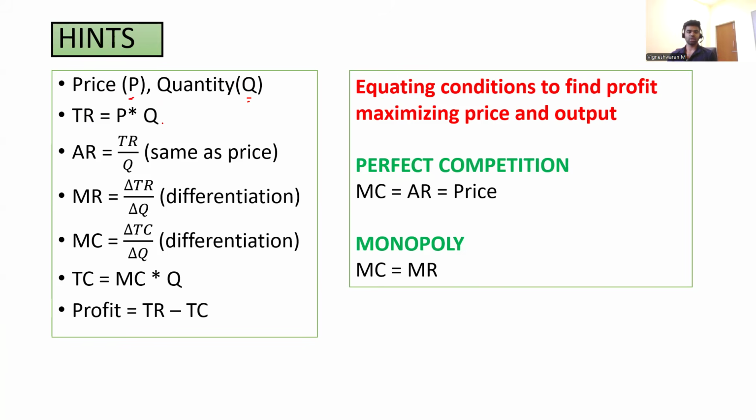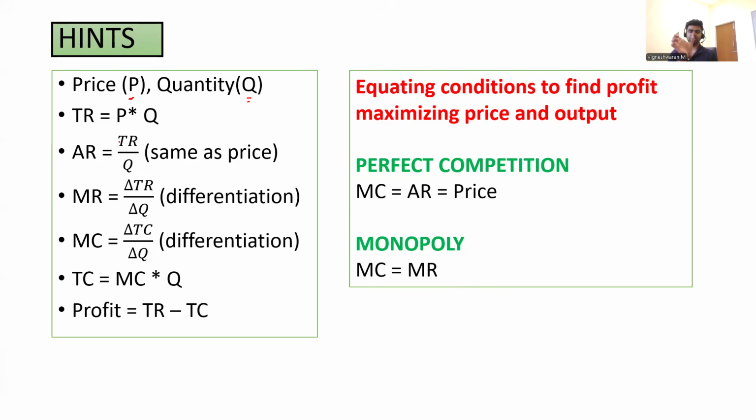This we all know, right? What is the total revenue generated? That is price into number of quantity. Then average revenue is total revenue divided by quantity. Average revenue and the price will always be the same, because total revenue is P into Q. If you divide PQ by Q, you are left with only P. That's what I am trying to say.